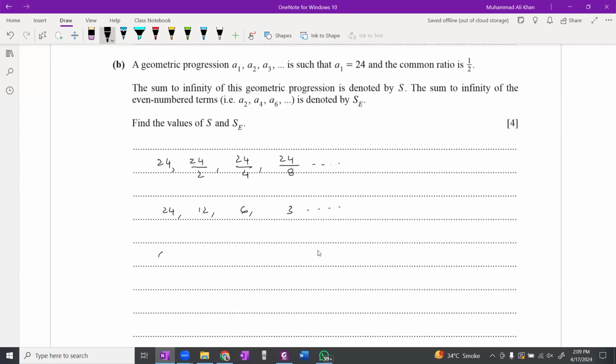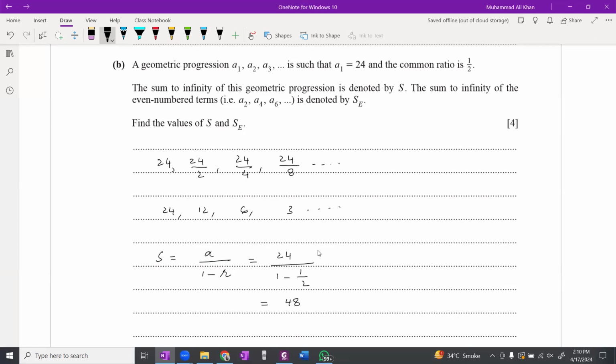So if we have to calculate the sum to infinity, a over 1 minus r, a is 24 and r is 1 upon 2. So according to this, the answer is 48.